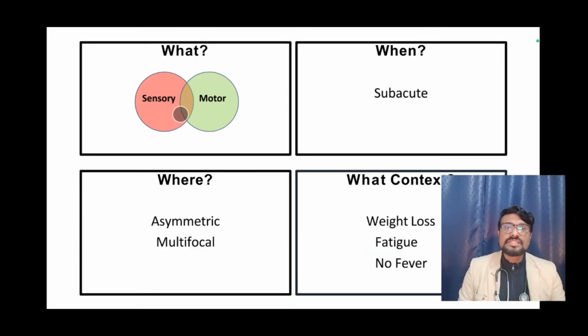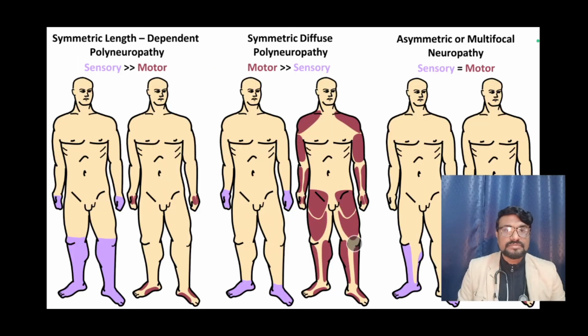In this case, the patient has sensory and motor symptoms. It is a subacute presentation and it is asymmetrical and multifocal, with weight loss and fatigue being the other concurrent illness associated with the neuropathy.